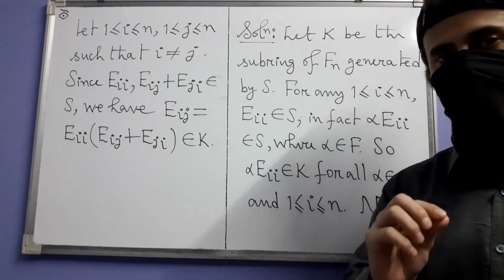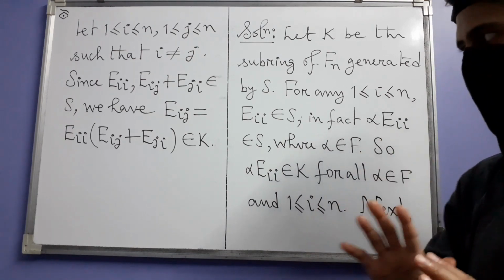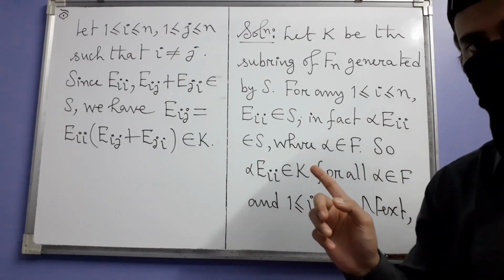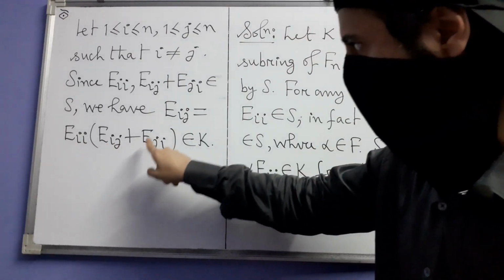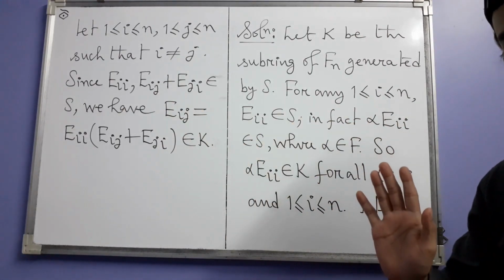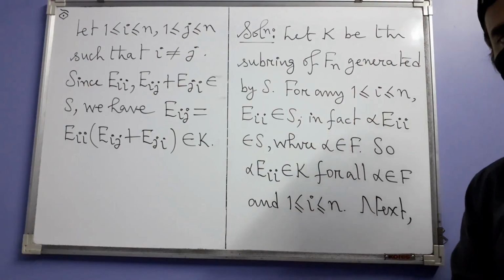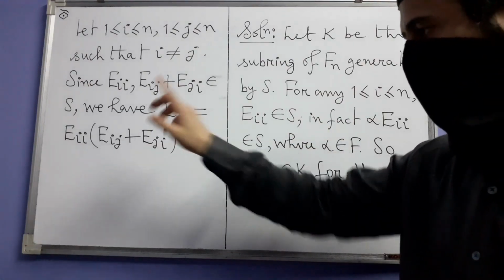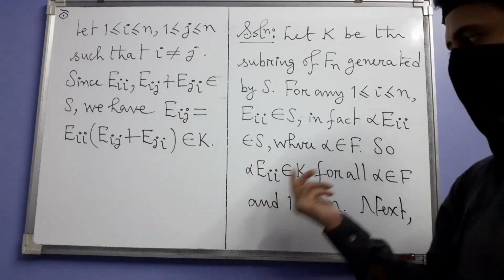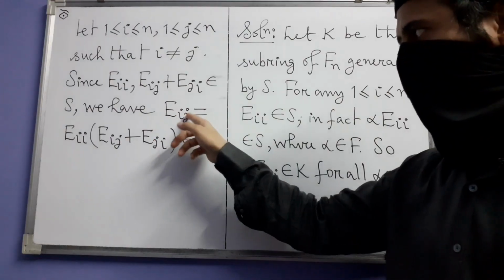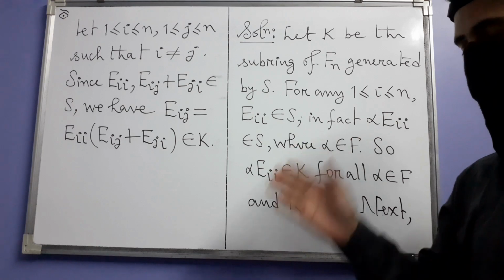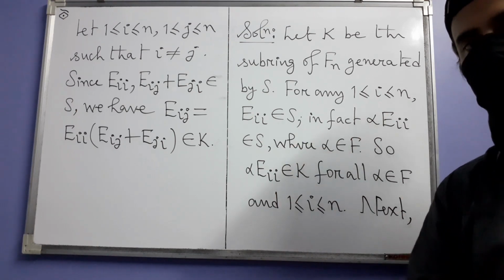And in fact this matrix itself is not a symmetric matrix, note that fact. Although it belongs to the subring K, this matrix itself is not in S. And multiplying this by any alpha also won't give you a symmetric matrix. So you cannot conclude that alpha times Eij belongs to K. But we need that, and we are going to achieve that in a different manner.